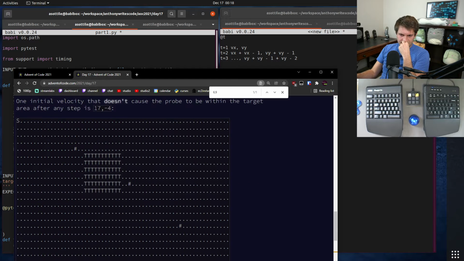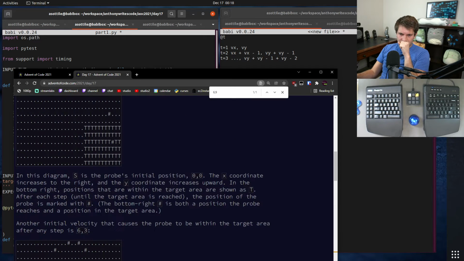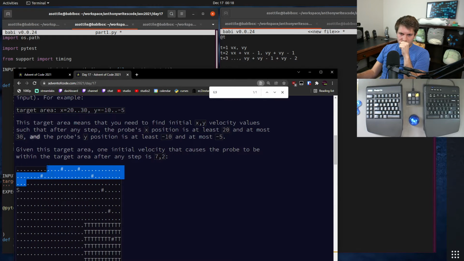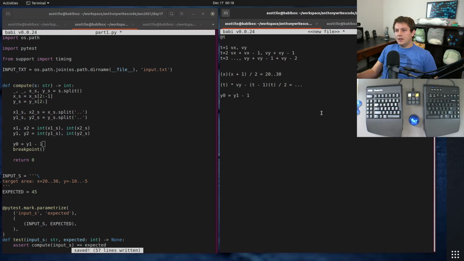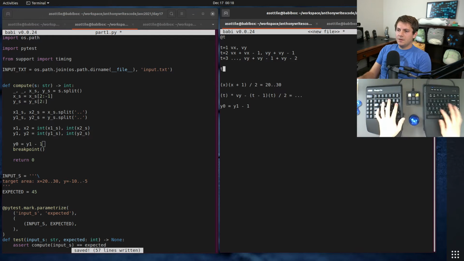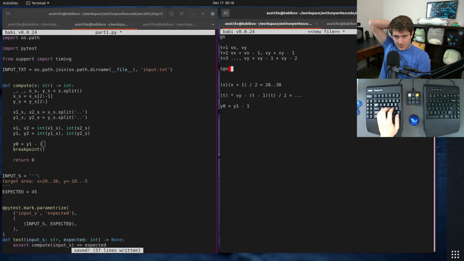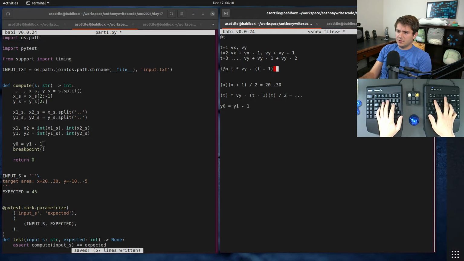Does it always do a 0 at the top? Yeah. So it takes n steps to get there, and at t equals n, the y position will be t times vy minus t minus 1 times t over 2.